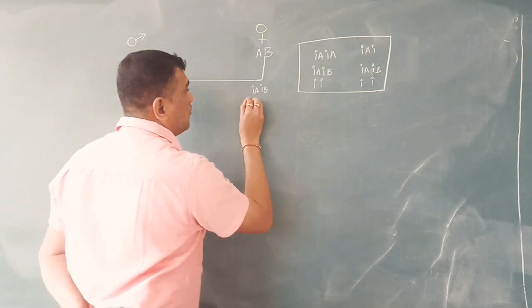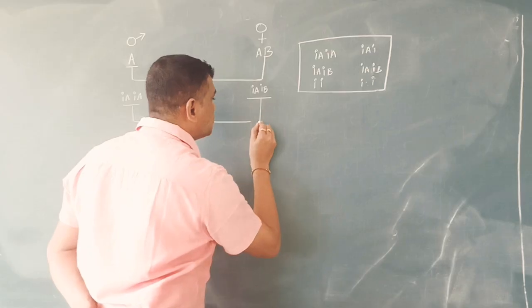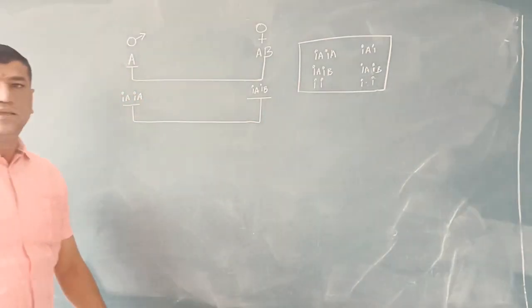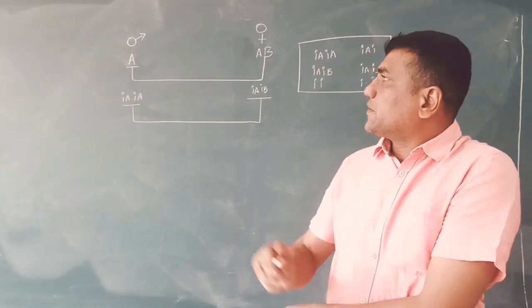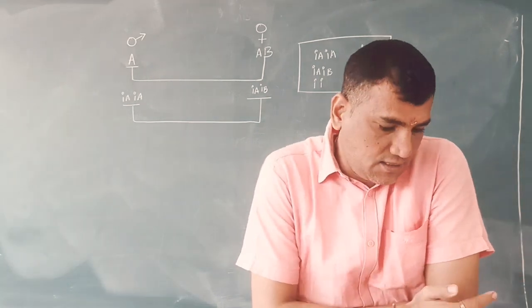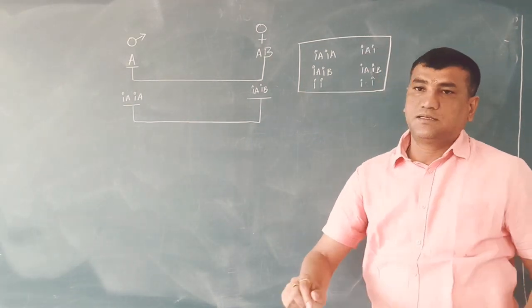Now, if they get the children, who is going to be shown as a heterozygous condition? In these children, who is going to be the heterozygous?